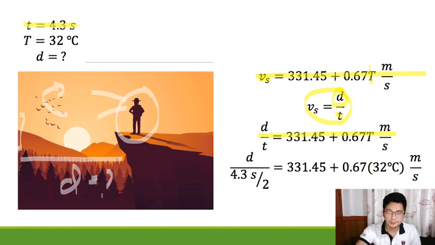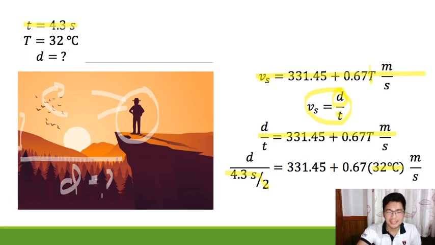We substitute the values. So, we have for the temperature, we have 32 degrees Celsius. However, for the time, ang sinubstitute natin is 4.3 seconds over 2. Now, bakit kaya ganun yung ginawa natin? Kasi class, if we analyze the question, sumigaw daw itong man na to and bumalik sa kanya yung sound after 4.3 seconds.